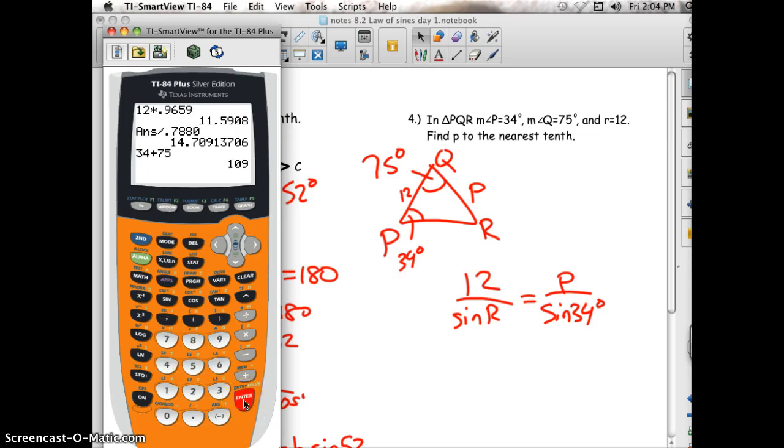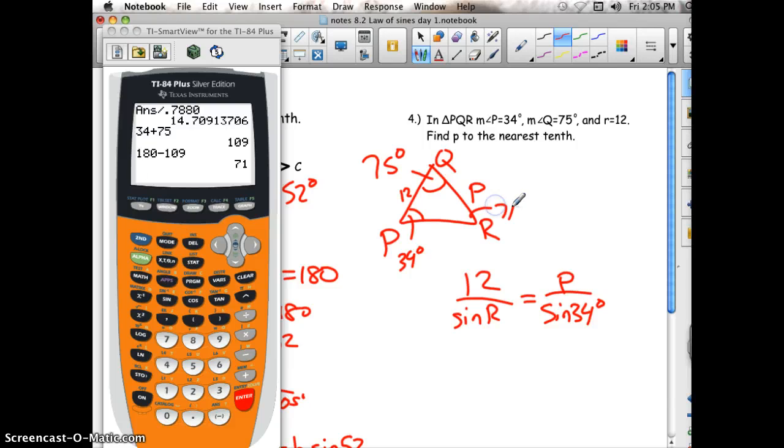You subtract that from 180. 180 minus 109 gives me 71 degrees for r. So I found that angle, and now I'm ready to go. 12 over the sine of 71 equals little p over the sine of 34.